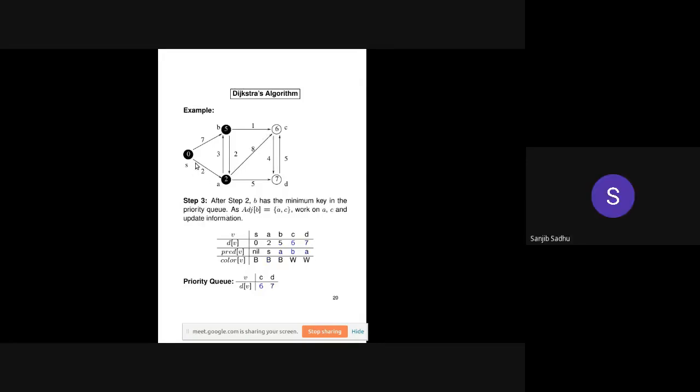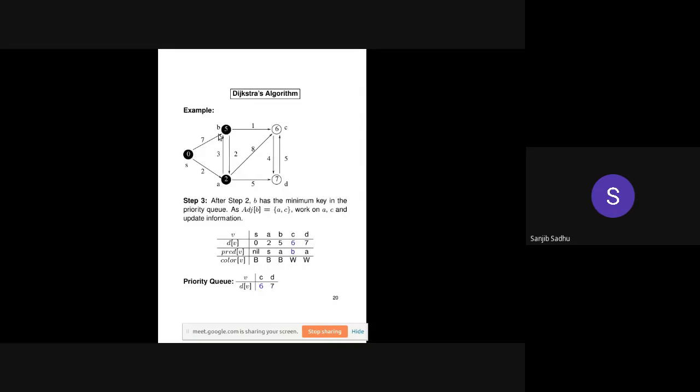Now after this, 2 plus 3, 5. And this 1, 6. You check it. This is the entire set of vertices, capital S. C is now adjacent to B also, not only A. So I need to check whether I can update it or not.